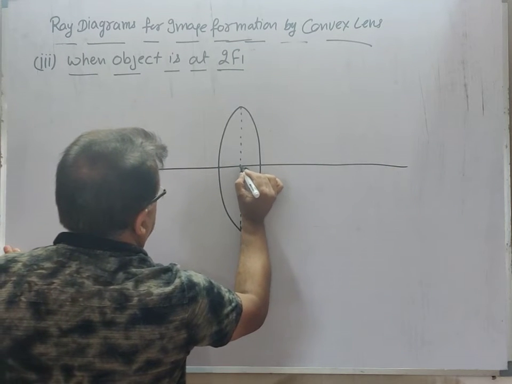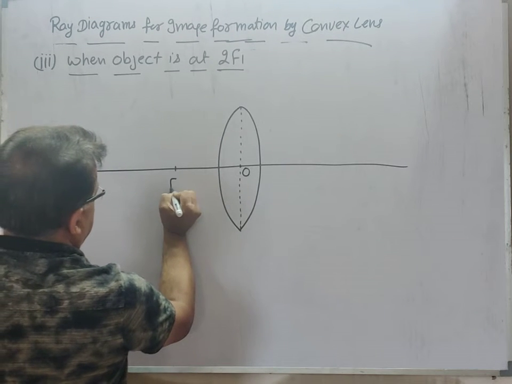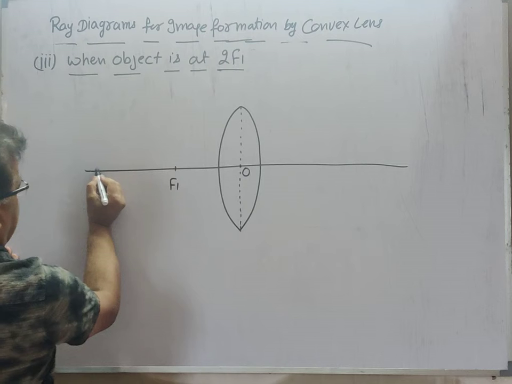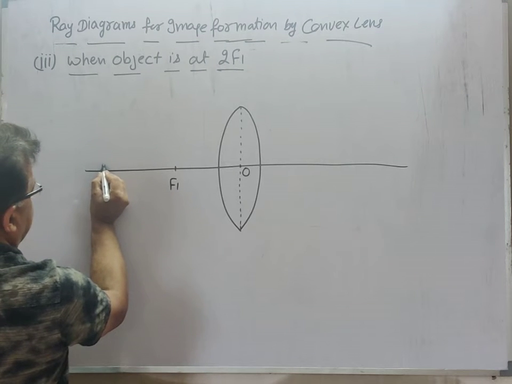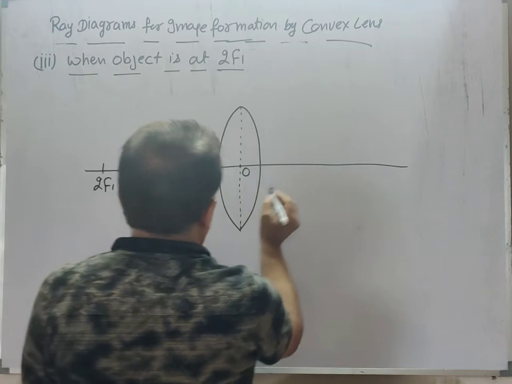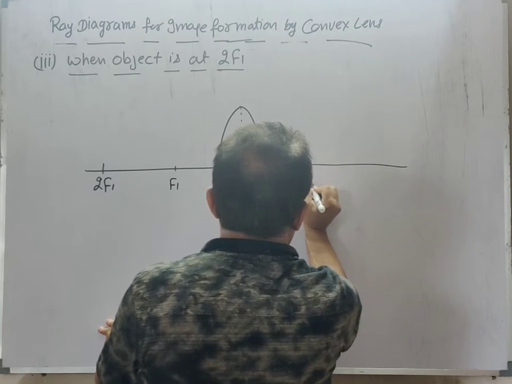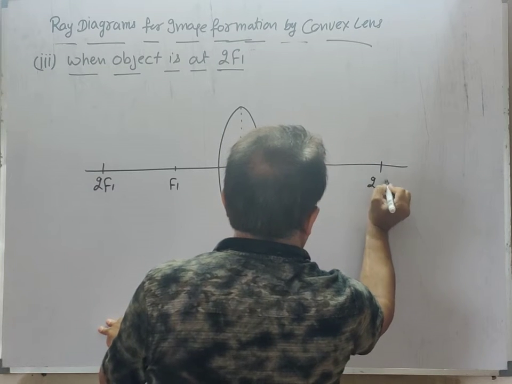It is the optical center. Here we shall show F1 at the same distance, and on the other side F2 and 2F2.